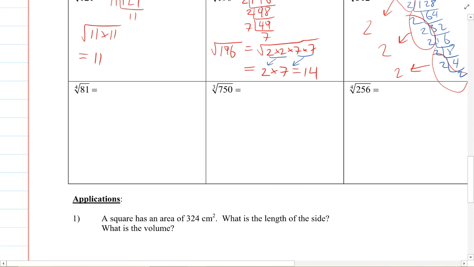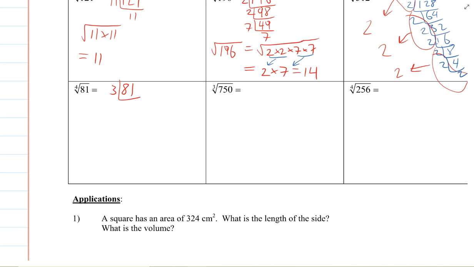Okay, try these ones. 81, again, 8 plus 1 equals 9, and this number is divisible by 3. So that means that this number is divisible by 3. So for 81, 3 is your lucky number. And if you're stuck, you could just try 2, then try 3, then try 5, 7.